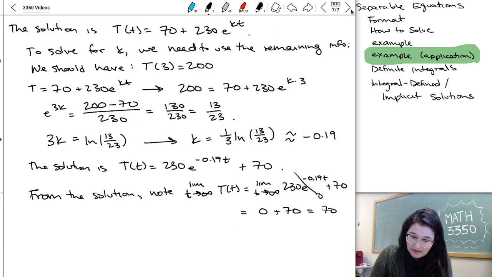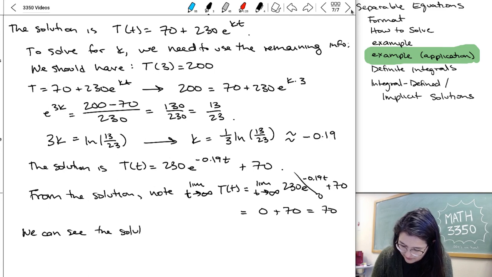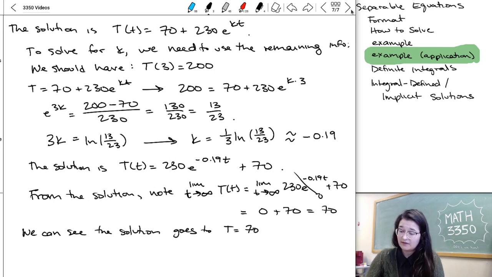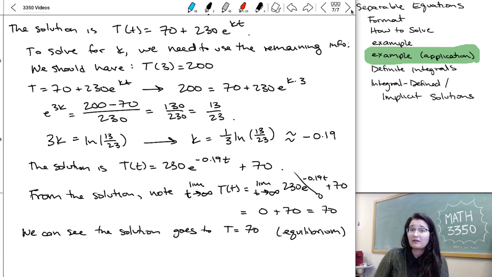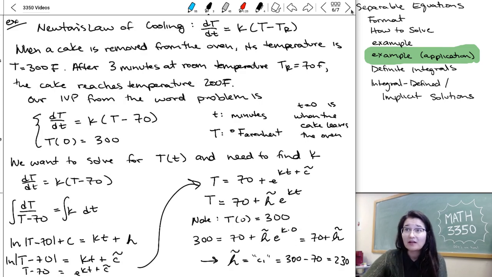You might remember that limits are not actually reached, though. So what we're seeing is that the solution is going to T equals 70. And places that solutions go are equilibria from the prior section that we covered on equilibria. And in fact, if you went back to the differential equation, you could solve for the equilibrium and know that it's T sub r equals 70 before you even got to this point.